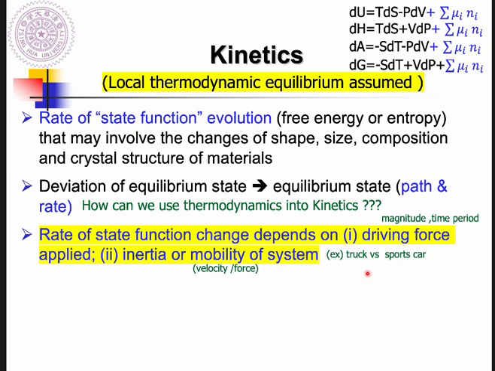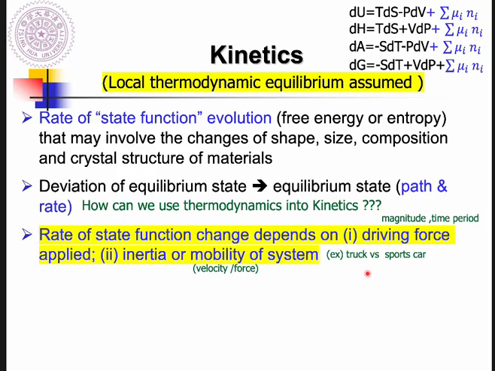So this is just an example to show you that you need to remember not only the driving force but also the inertia or mobility of a system. Both of these parameters can control the rate of state function change, how fast or how slow the kinetics process is.